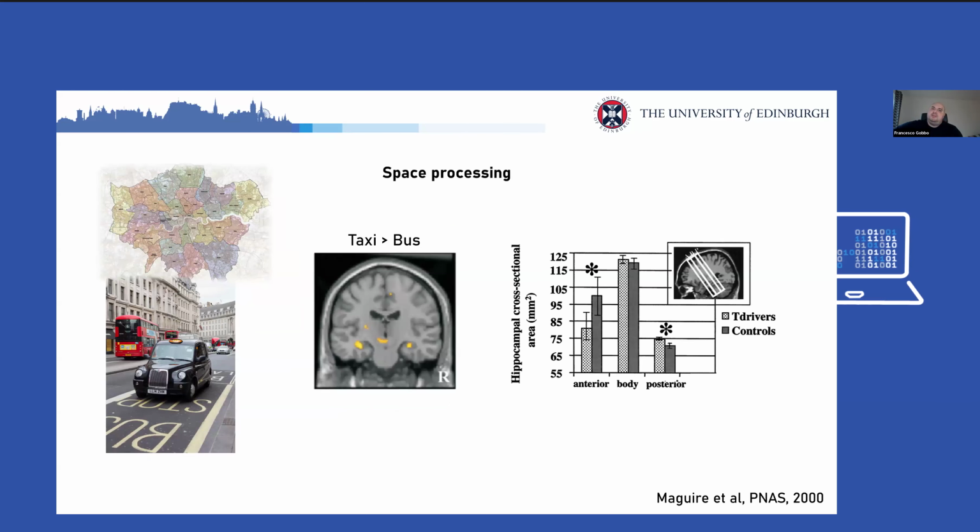So besides processing memories, the hippocampus is also involved in the representation of space.